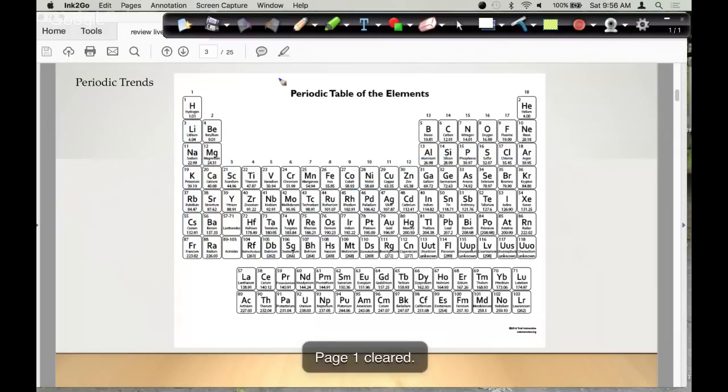When we talk about periods, on the other hand, periods are our horizontal rows. And in the same period, the elements have the same number of shells of electrons.